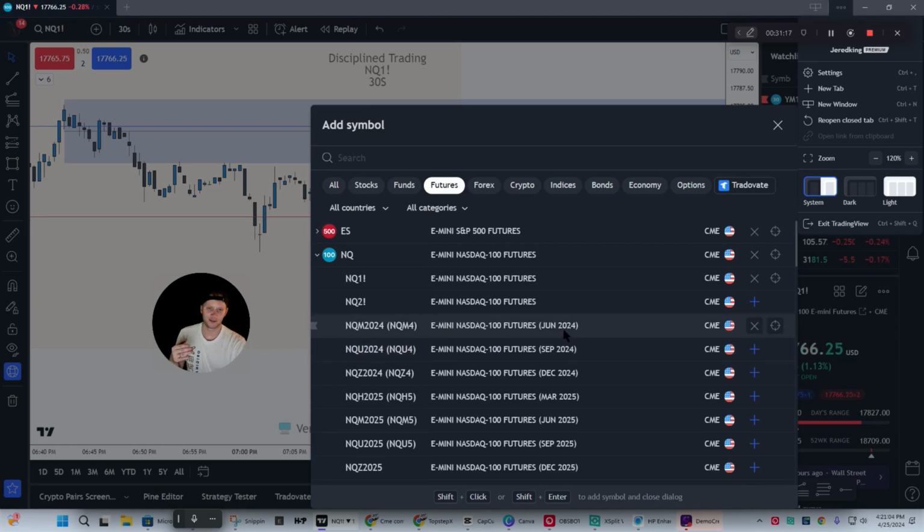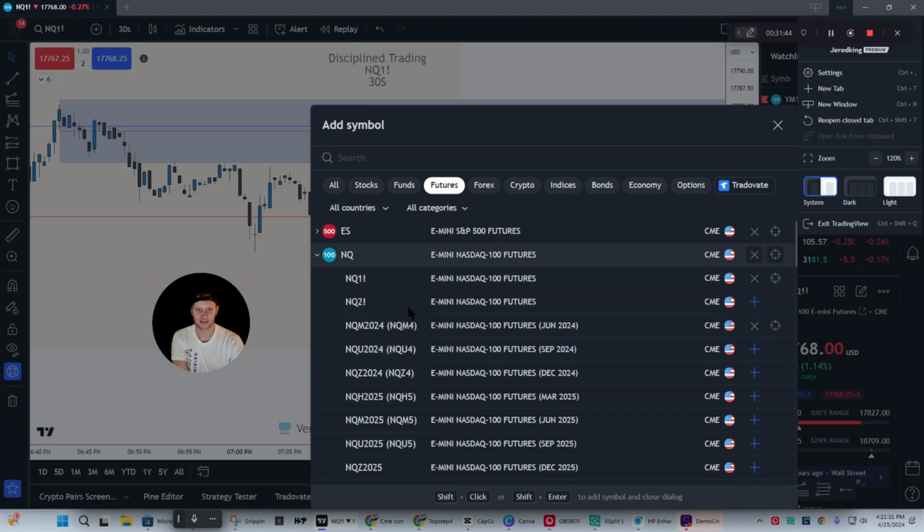And you just simply wait until the platforms tell you to switch. All the funding companies will reach out to you. Pretty much every trading platform will tell you, hey, the new contract is this and this. Please switch to it. But if you're trading on TradingView, just keep it on NQ1!, and you'll be good. The NQ stands for NASDAQ.